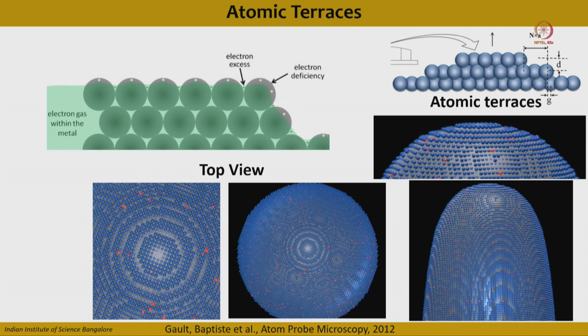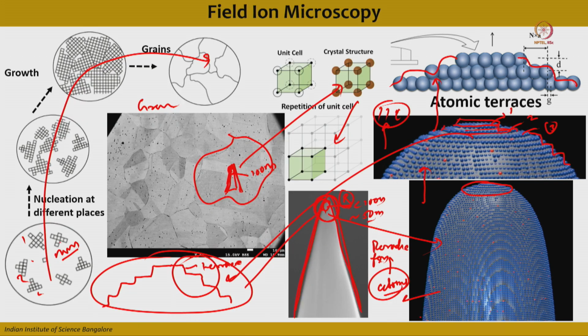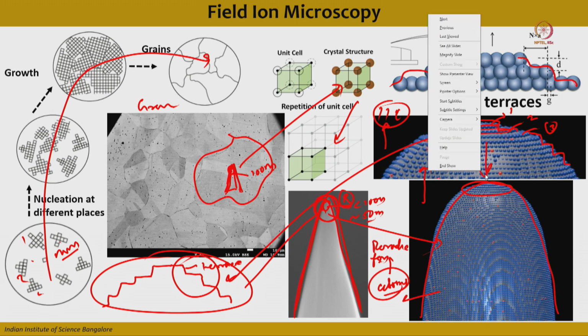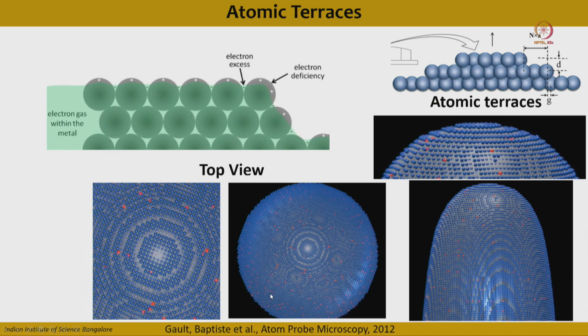If you see this particular tip in the z direction, from the top view, this is the top view. And you can see that these atoms are arranged in a certain crystallographic direction, and this particular orientation is 001. So you can see the cubic symmetry.